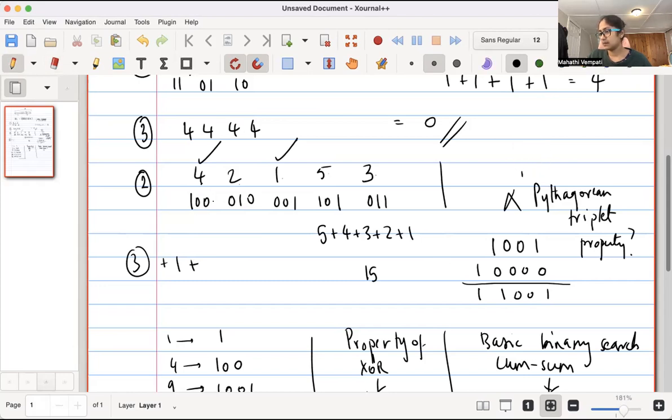Size 3. 0, 0, 0, 1, 0. 0, 0, 1. No. 0, 1, 0, 0, 0, 1, 1, 0, 1. No. 0, 0, 1, 1, 0, 1, 0, 1, 1. No. Subarray of size 5. I didn't count.